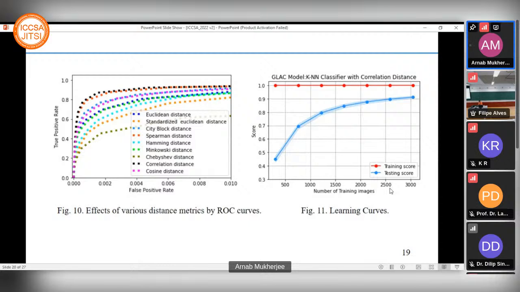It is also visible from the learning curve that the training score is always high through the iterations, and the test score increases with the increasing number of training samples. From the learning curve, we can conclude that the performance of the model will increase with the number of images.